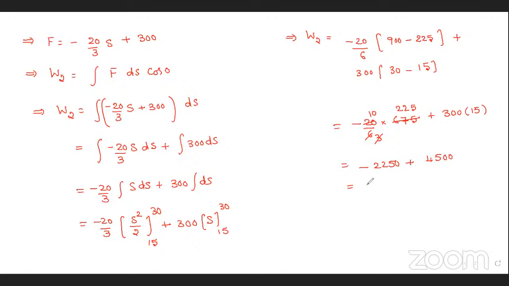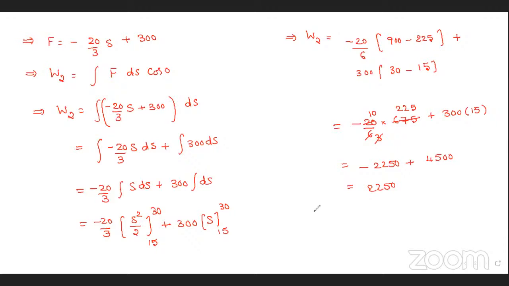After subtracting, 4500 minus 2250 gives 2250. So for the second part you are getting 2250.